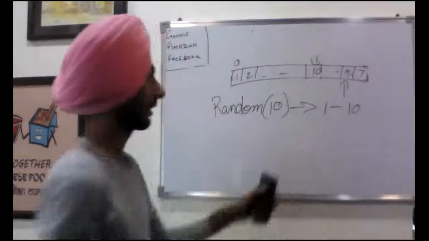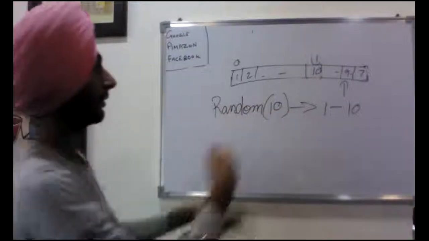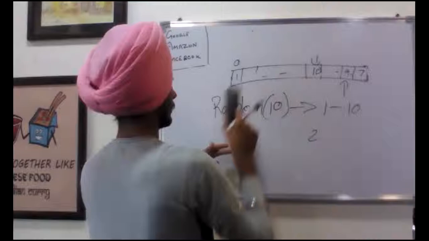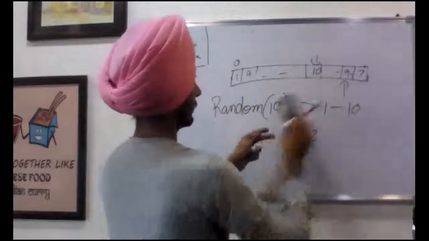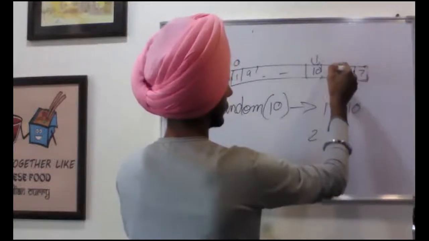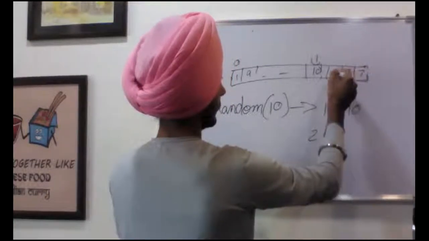Then again we generate a random number between 1 and 10. Suppose it is 2. Then we swap these two numbers, so here comes 9 and here is 2. Then comes the next number, which was 8 initially.